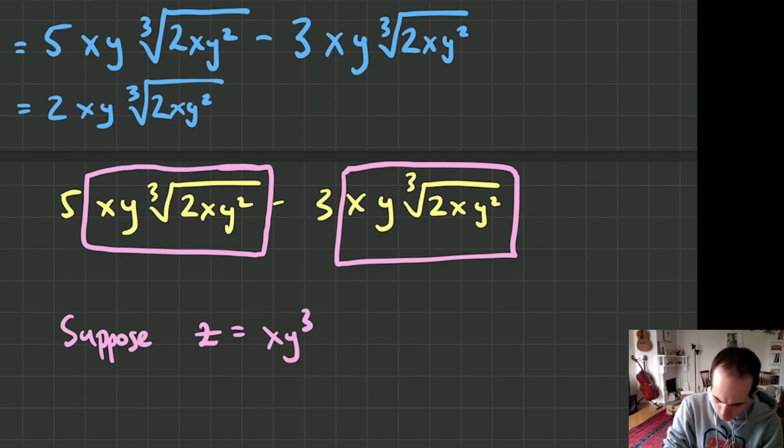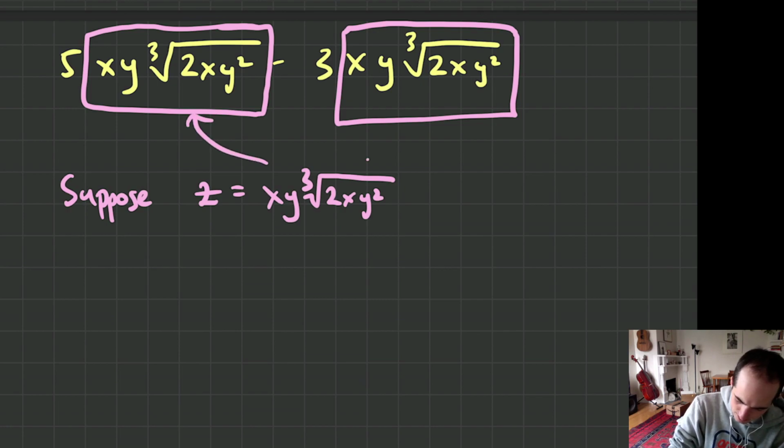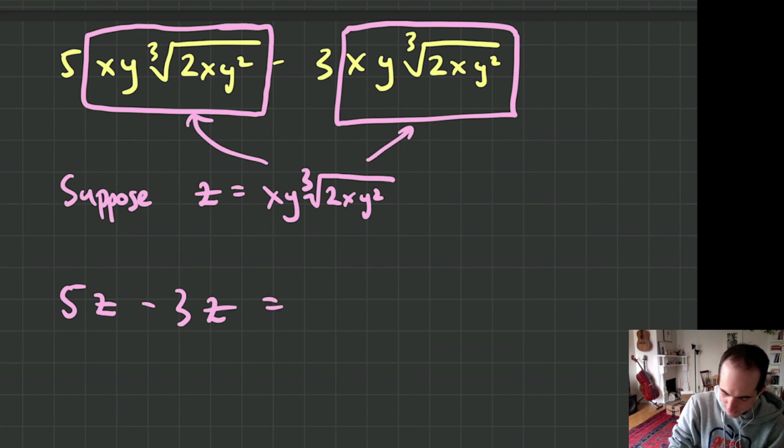Oh no, sorry, not xy cubed. Xy times the cube root of 2xy squared. Let's just say that was our variable, and that would mean that everything in pink here, that's what z is. So then we would have 5z minus 3z, and that's clearly 2z, right?